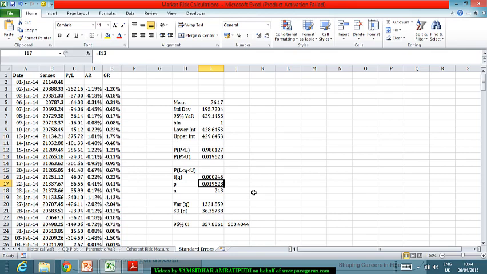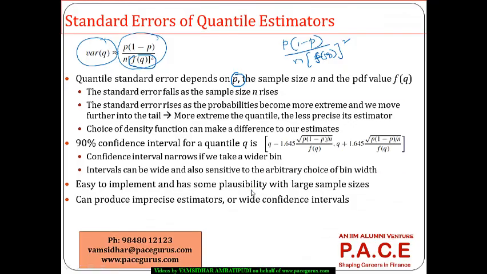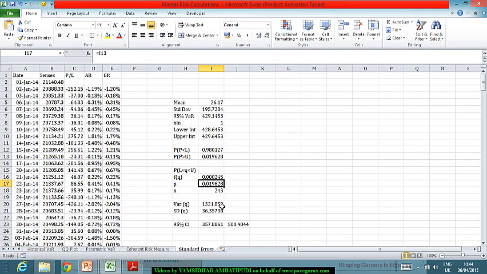Now if P is going lesser, what is happening to the variance here? The variance in this case is 1321, because f of q has gone quite drastically lesser. Now let me go back. In the 95% case, the variance of q is 507. But in the other case, the f of q was 0.0007.